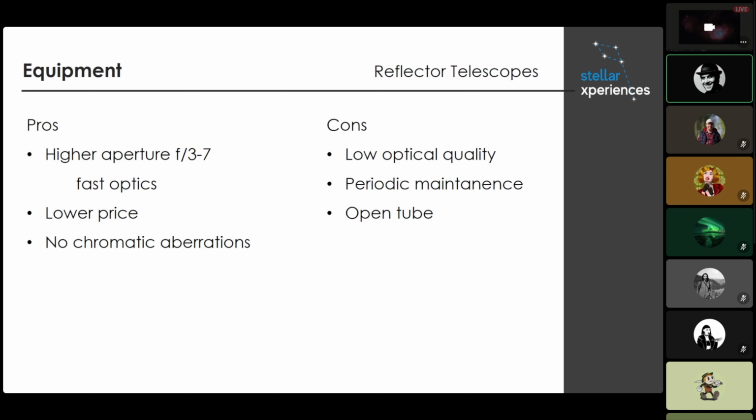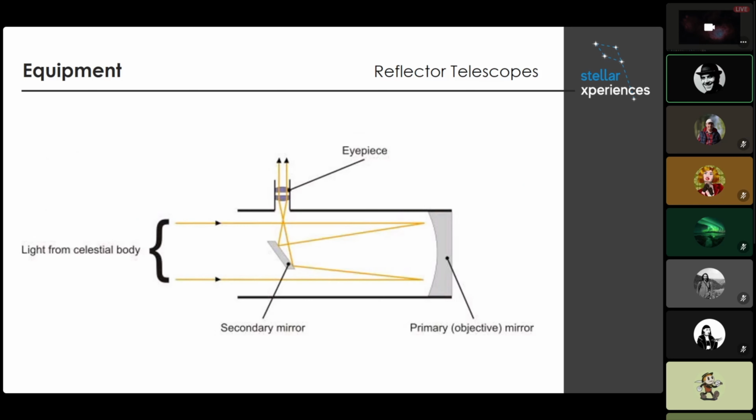And they are open tubes. Here, as you can see, this front side of the telescope is open. So it is totally open to air.